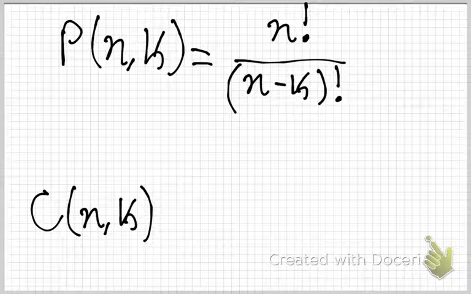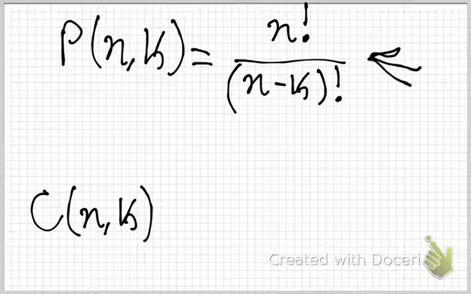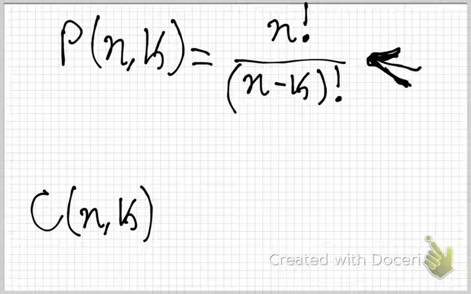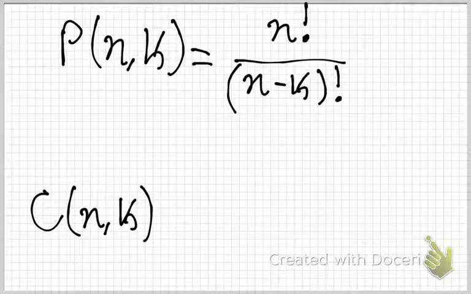We found that C(n,k) was equal to P(n,k) over k factorial. Well, what is P(n,k) equal to? We found that earlier. P(n,k) is equal to this right here. Cool. So let's use that.